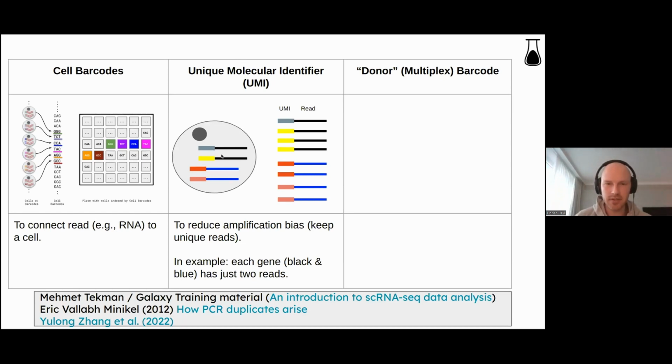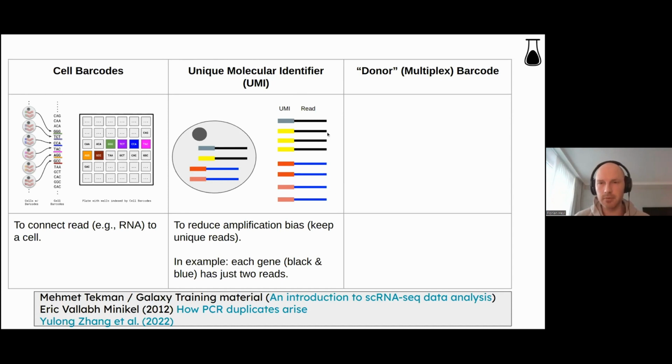So you have here a cell with 4 different transcripts, let's say, each differently coded with a UMI, but later in the sequencing, you end up with a read library that has duplicates in it, meaning that some of these transcripts have more than one read. And these duplicates introduce a bias in your data, which you obviously want to remove. And this UMI, this nucleotide barcode, helps you in order to remove these PCR duplicates.